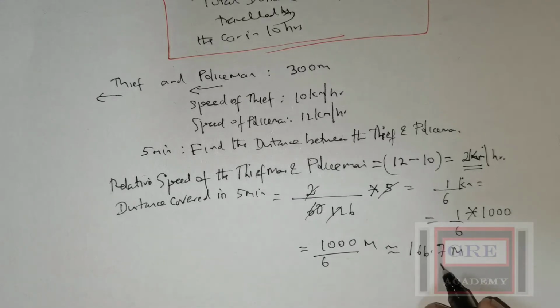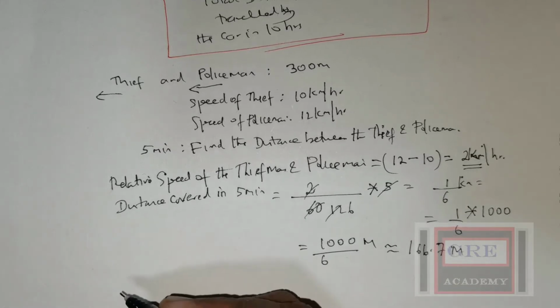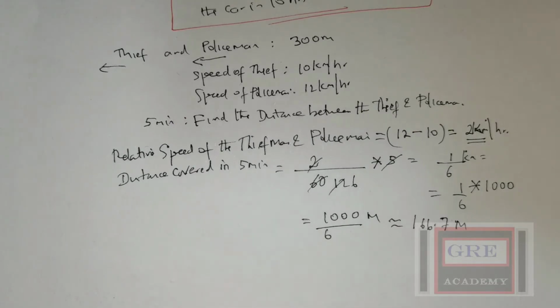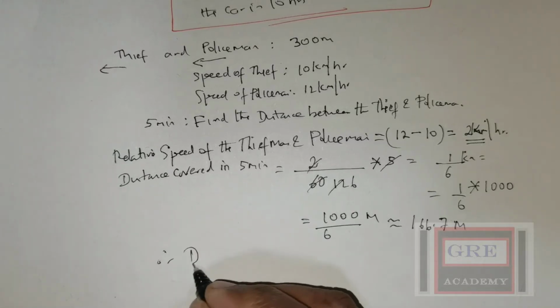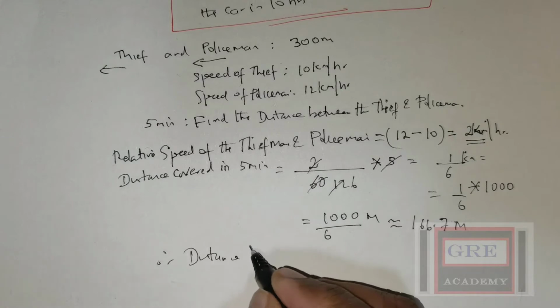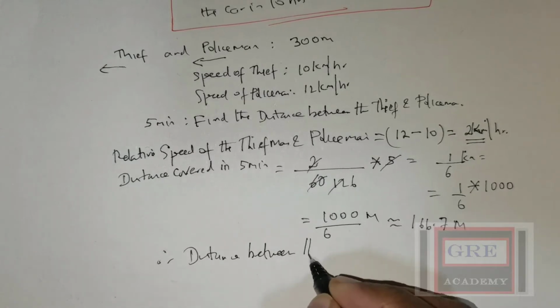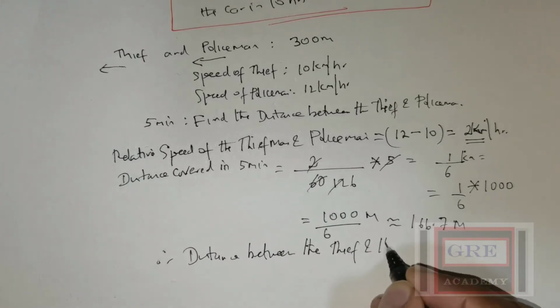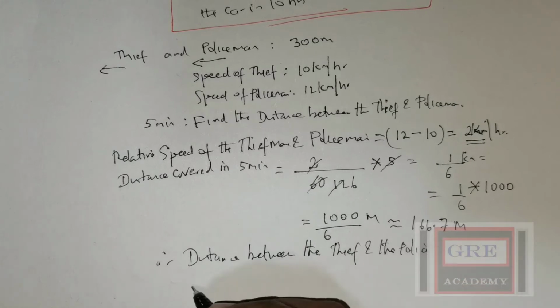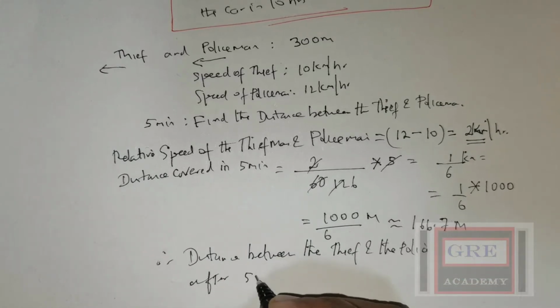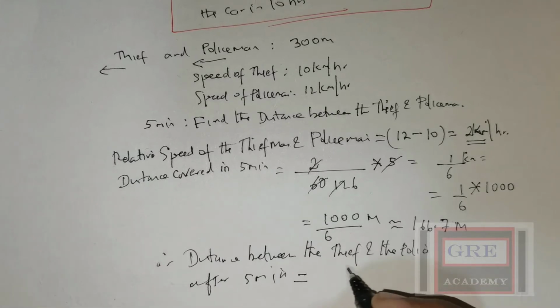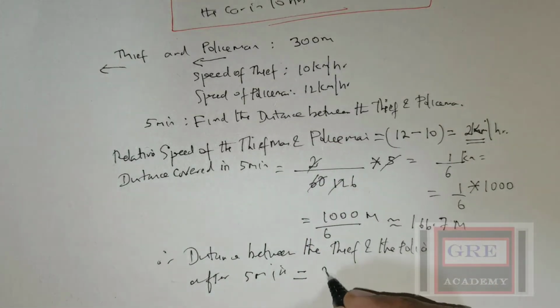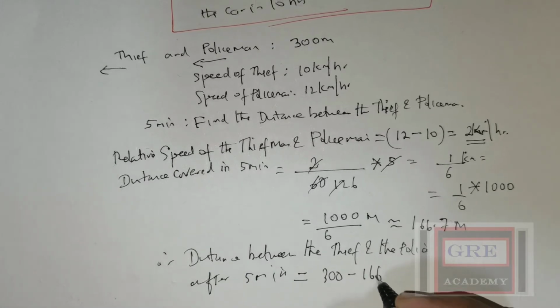So having obtained this, the distance between the policeman and the thief after 5 minutes, so therefore the distance between the thief and the police after 5 minutes will be equal to 300 minus 166.7.